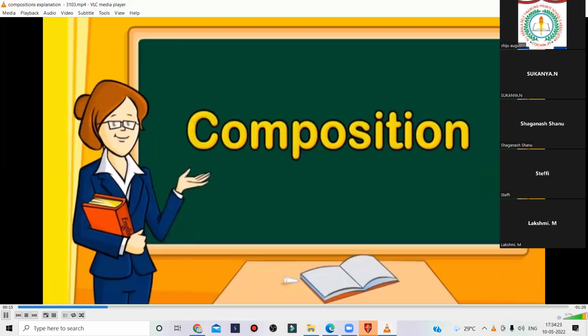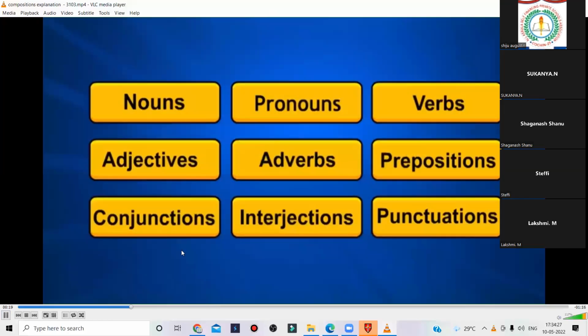Let's recap what we learned earlier about sentences. A sentence is a group of words that expresses a complete meaning. It has a verb in it. We build sentences to communicate a thought from one person to another. So let's learn how to construct sentences.